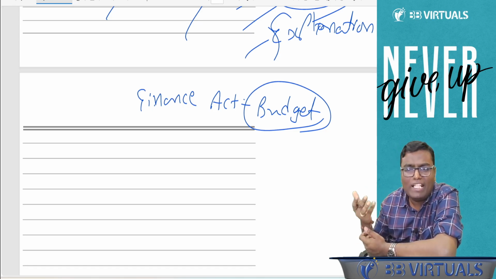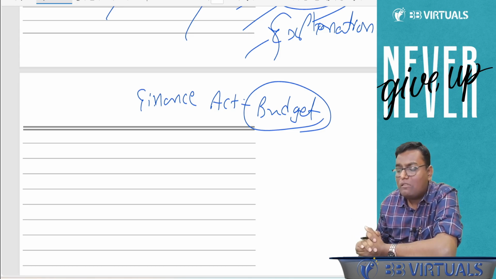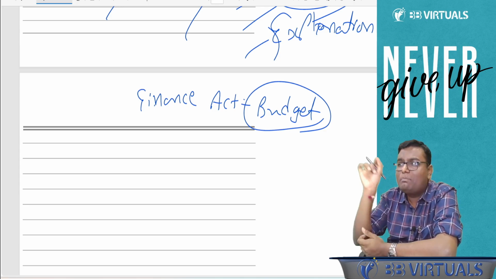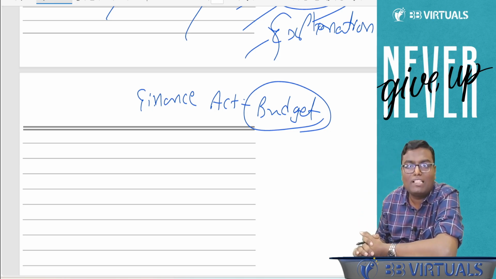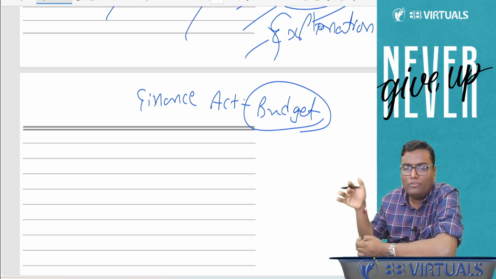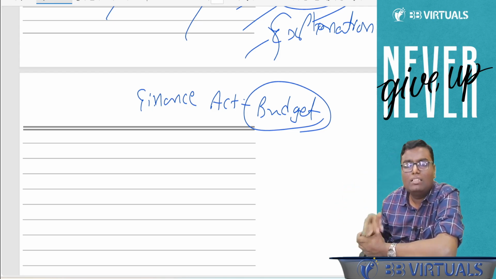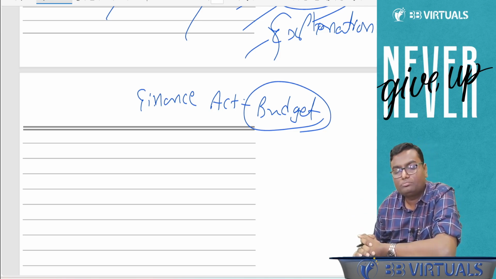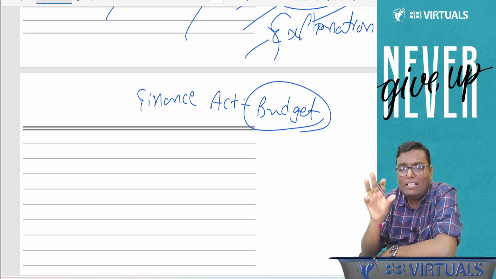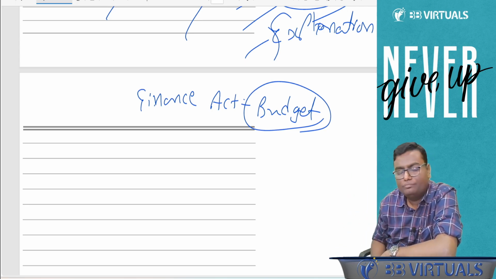Why am I telling you the names of finance ministers? Because there are so many amendments and provisions that will come in the future, and I will tell you that this particular finance minister brought this change. So you must be aware that as of now the finance minister is Nirmala Sitharaman, earlier Arun Jaitley sir, and prior to that P. Chidambaram. So the technical name of the budget is Finance Act.